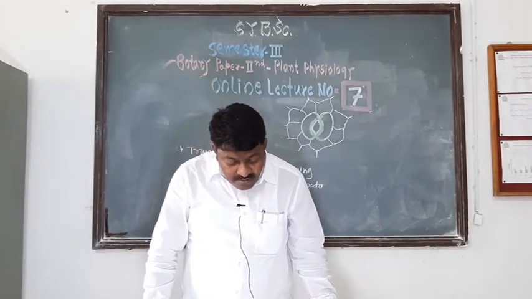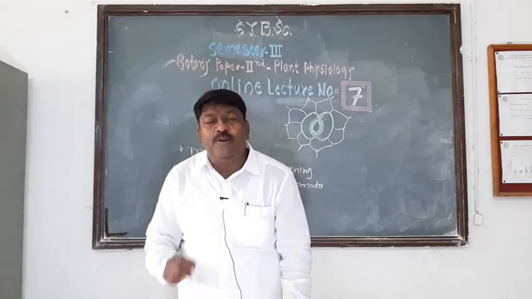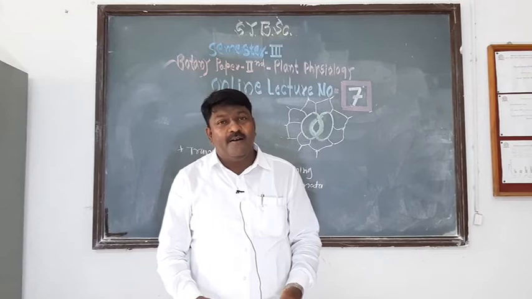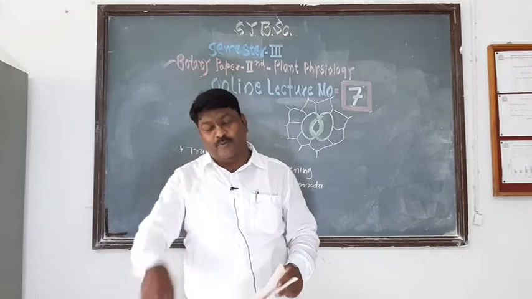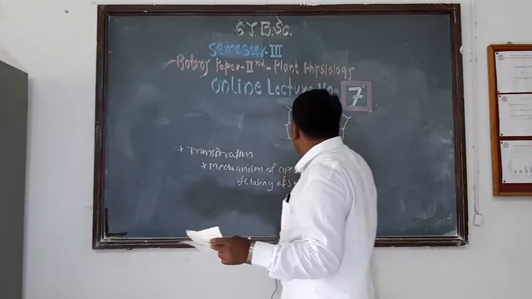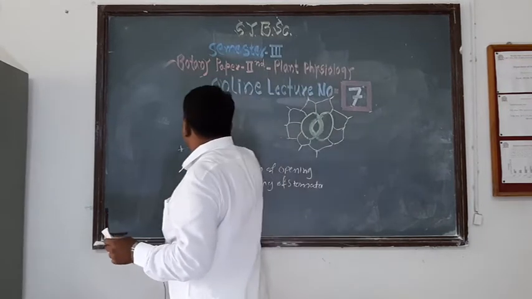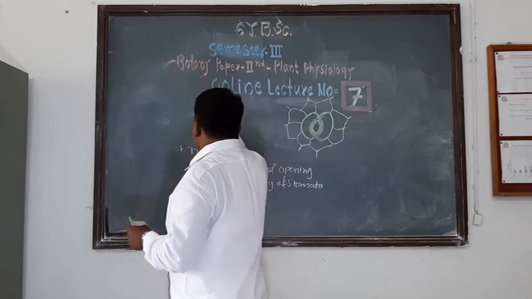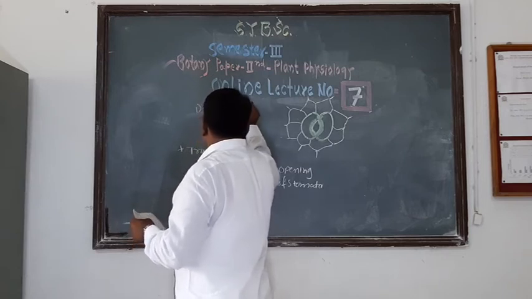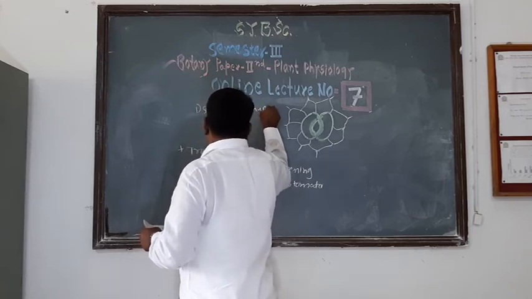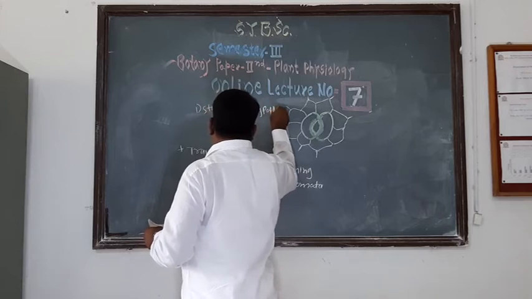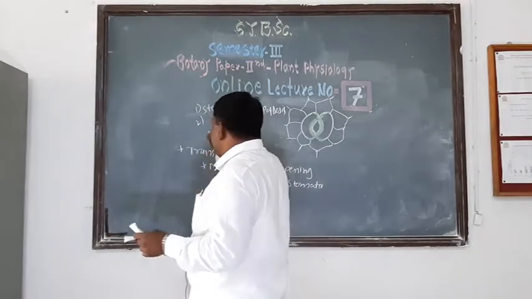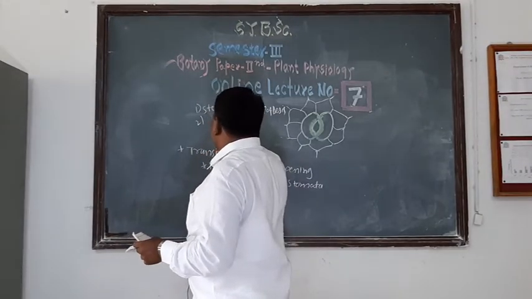There are two theories to explain the mechanism of opening and closing of stomata. The first theory is Stewart's hypothesis, and the second is the potassium ion pump theory.